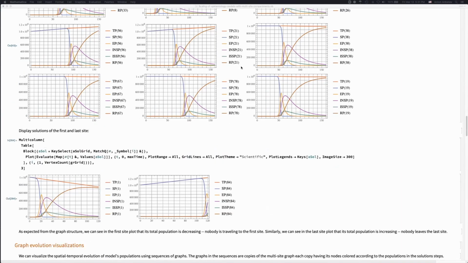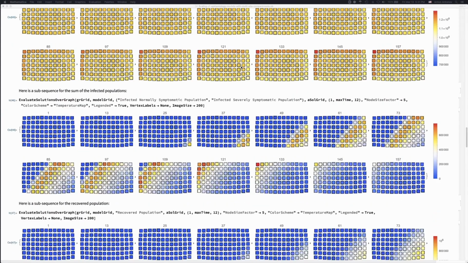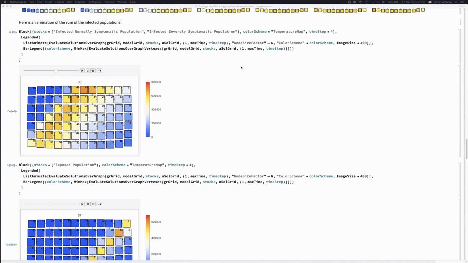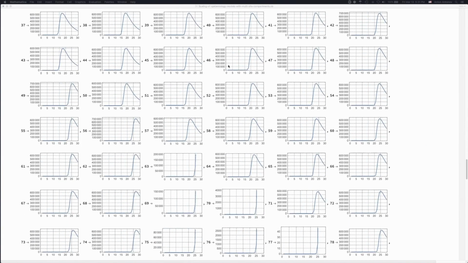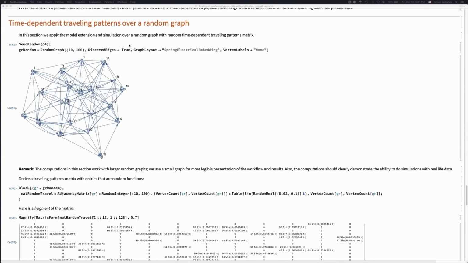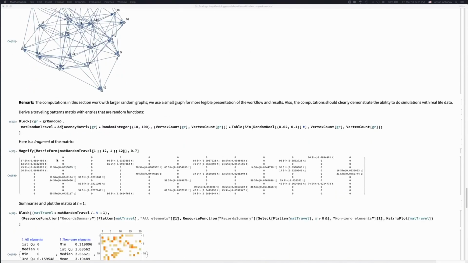In order to build further confidence that this can be applied to real data, this is why I have been using random graphs. With the random graphs, we have different distributions of the sites and the traveling patterns between them.